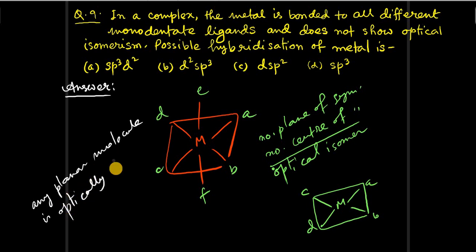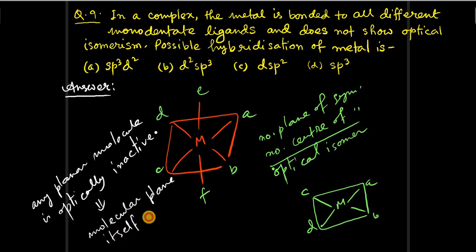Since it is planar, the molecular plane where the molecule is residing is itself a plane of symmetry. Above the molecular plane it is vacant, below the molecular plane also it is vacant. So the molecular plane itself acts as a plane of symmetry, so it cannot have an optically active isomer, and hence dsp2 hybridization, a square planar complex, cannot have any optical isomer.